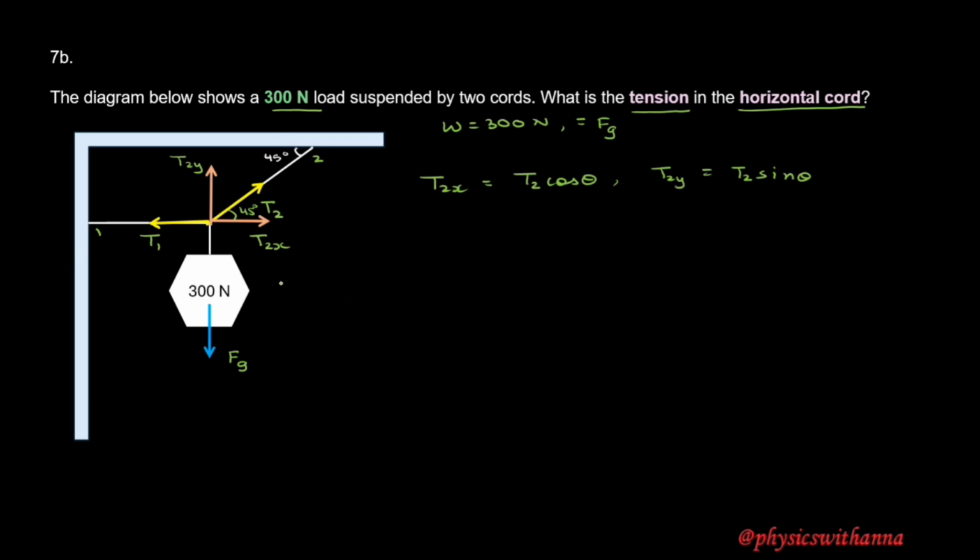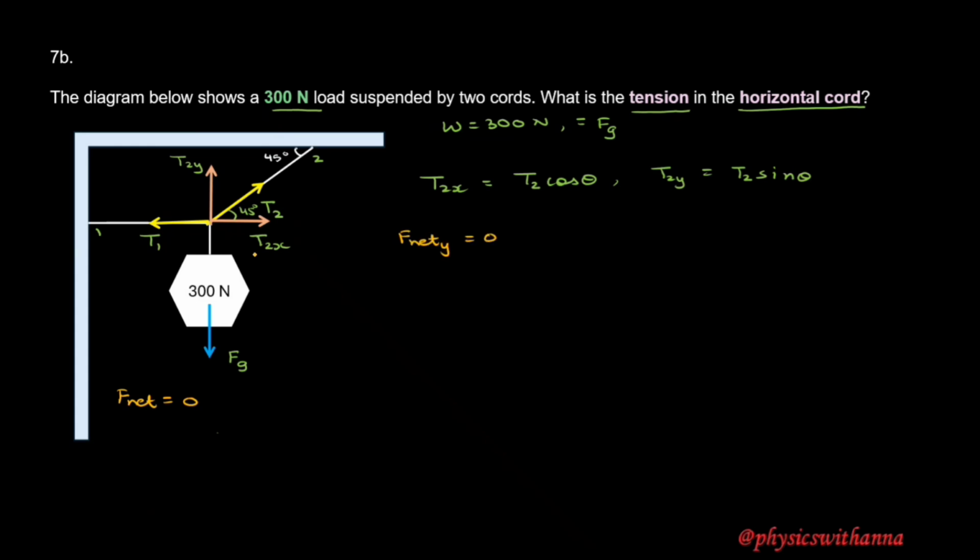And now we are going to use the equation of net force to find the value of T1. Since the load is not moving, the net force acting on the load is equal to 0. And if the net force is 0, the sum of all forces along the x-axis and the sum of all forces along the y-axis should also be equal to 0. So I can write F net along the y-axis to be 0.